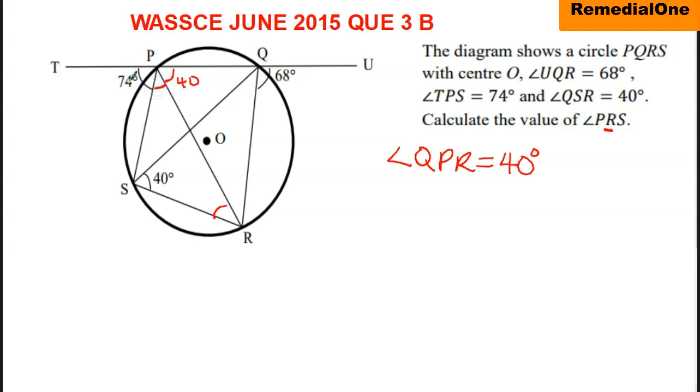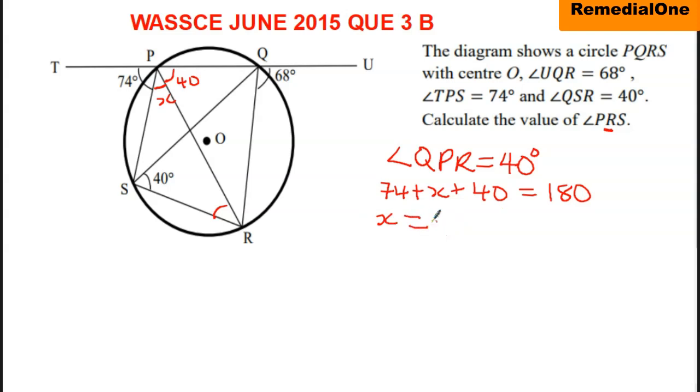Because when you add 74 and this angle and 40 together, you get 180. So 74 plus x, let's label this angle as x, plus 40 is equal to 180. The reason being angles on a straight line.